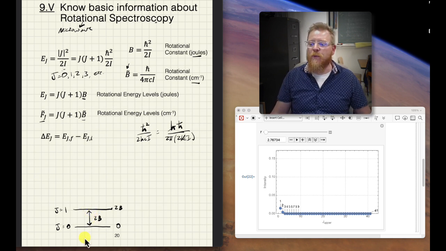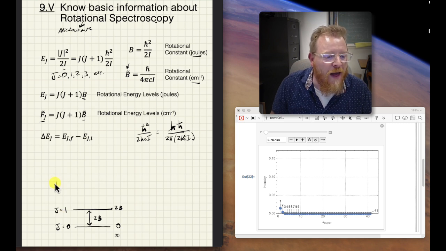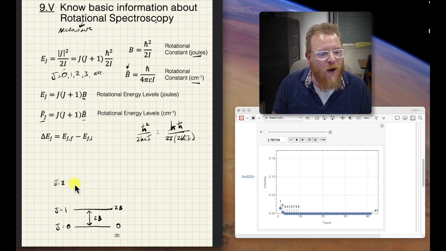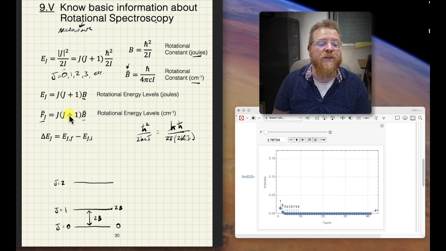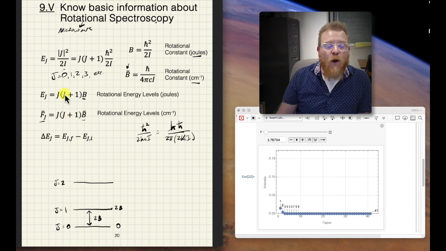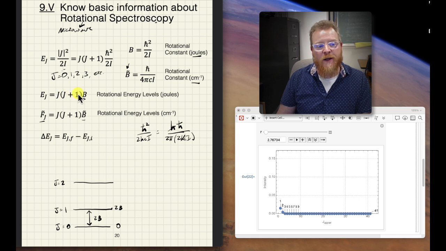Now what happens when we go up to the next level? Well, as we might guess, it spreads out a little bit. Now when J is equal to 2, we've got 2 plus 1 is 3 times 2 is 6B. So the J equals 2 level will be at 6B. And thus the difference between J2 and J1 is given by 4B.